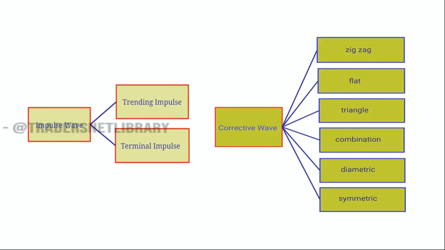Impulse waves have two types: trending impulse and terminal impulse. Correction waves have 6 structures, which are zigzag, flat, triangle, diametric, symmetric, and complex correction.